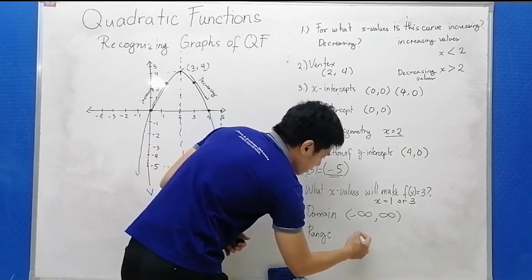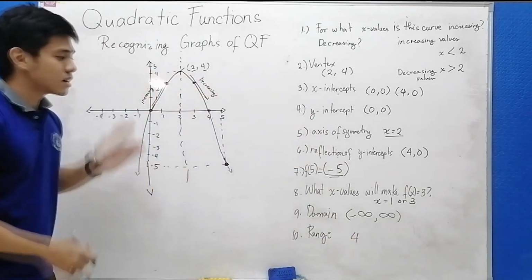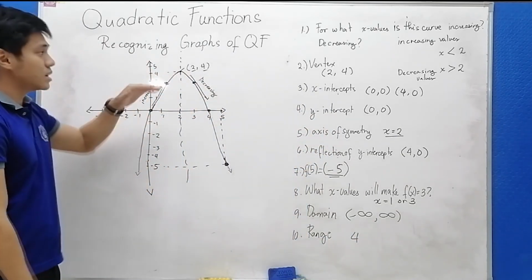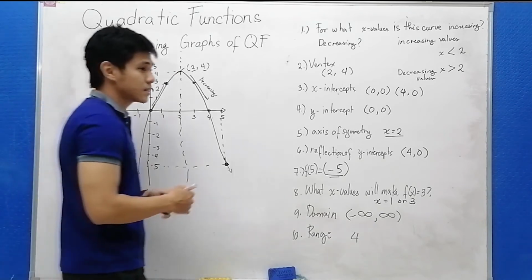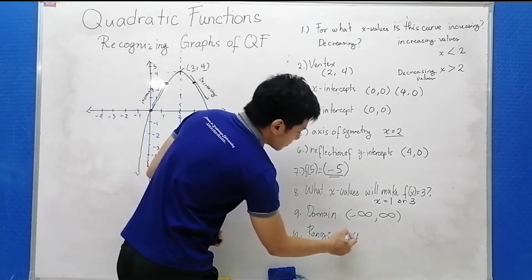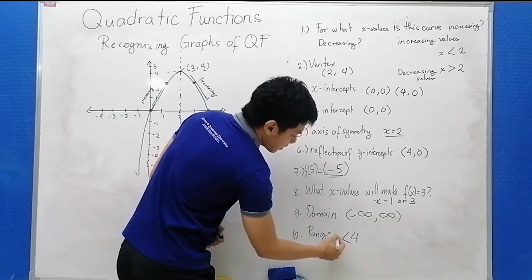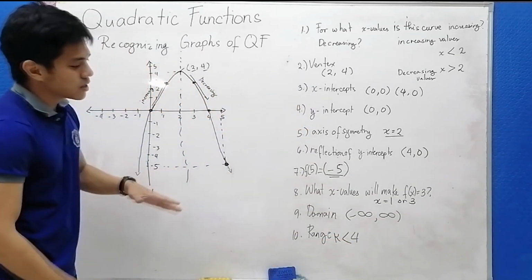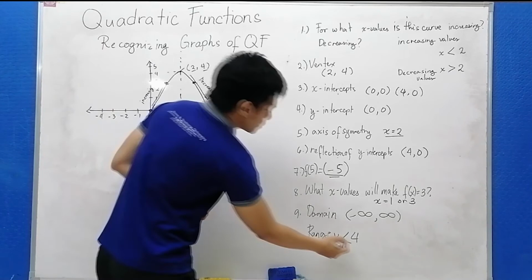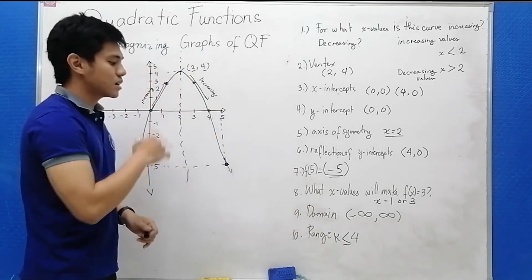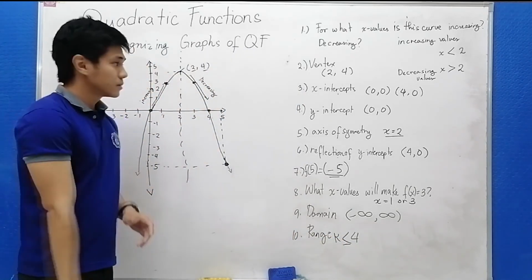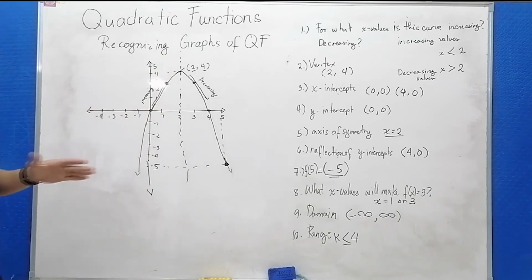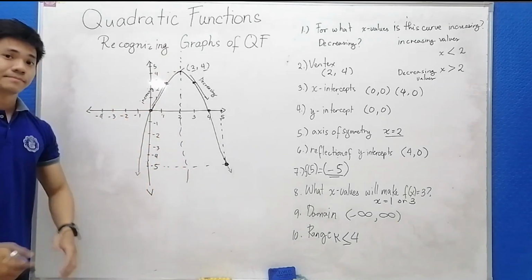So it's always going to be less than 4. That is our range. Our range is going to be less than or equal to 4 because it's facing downwards. So that is how we will be analyzing this graph.